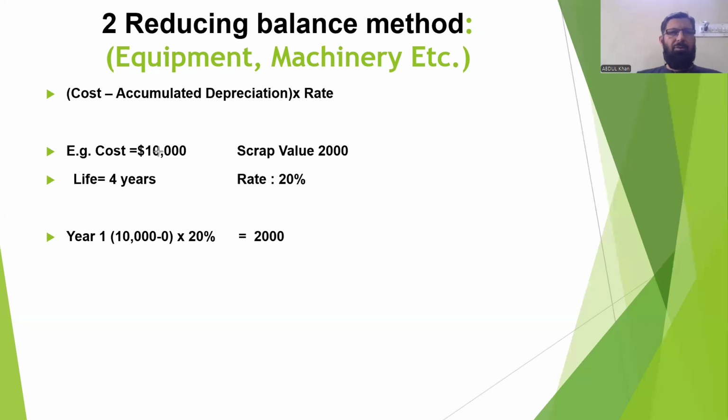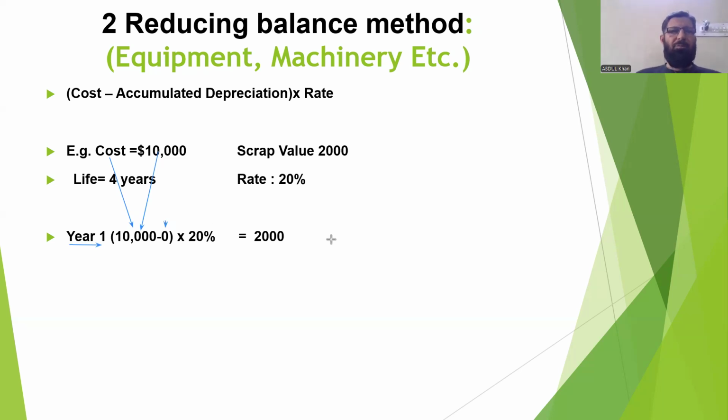You see, this is the cost, 10,000. But this is year one, so there is no depreciation so far. You can simply write 0 here because there is no depreciation.